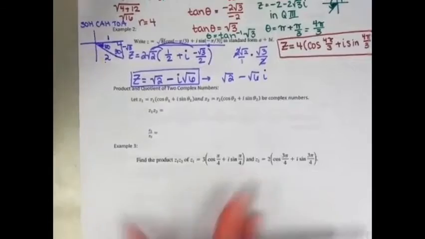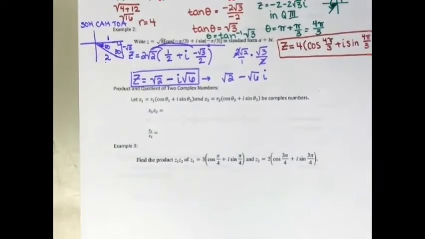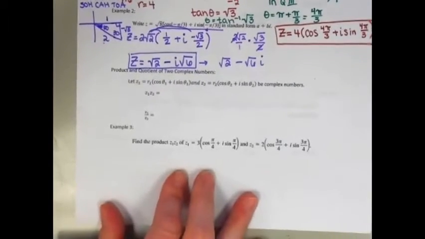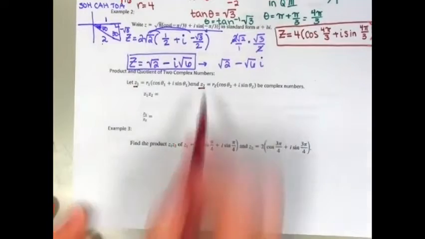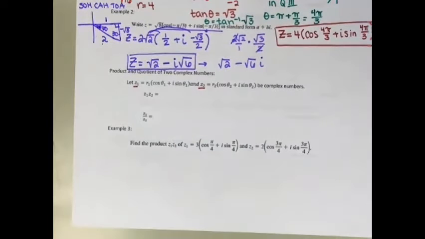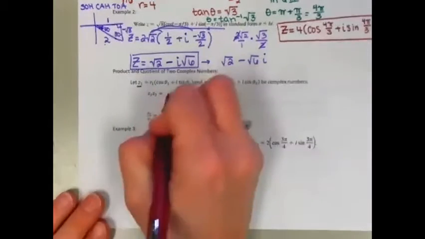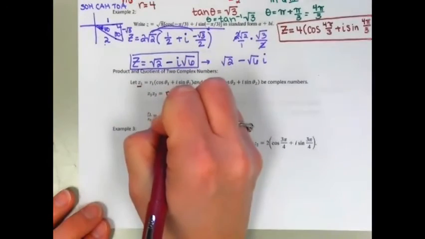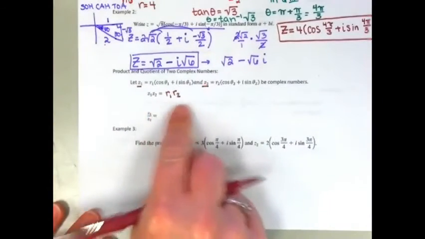Okay. Great. Product and quotient. Product. If we have 2 trig functions, z1 and z2, if I want to multiply them, I am going to take r1 times r2, so the 2 radii, right?